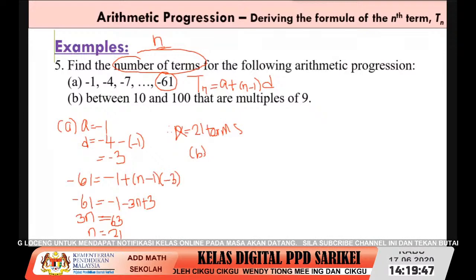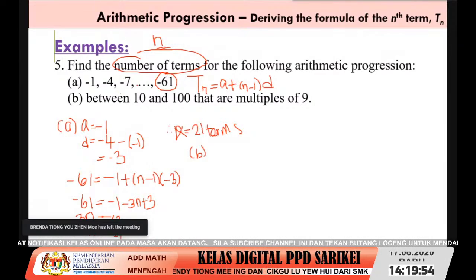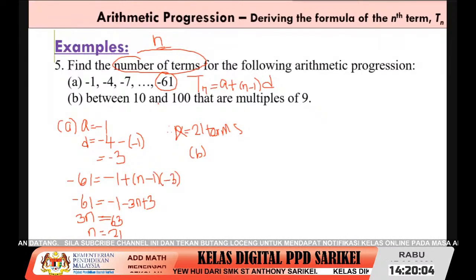B, the question is a little bit different. I don't give you number by number. I just tell you to try to find the number of terms between 10 and 100. So between 10 and 100, it means we start from 11 until 99. No 10 and 100, unless the question says from 10 to 100.